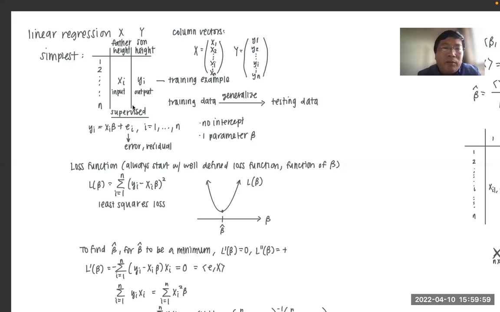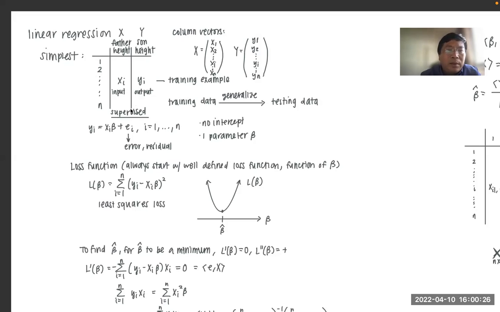For example, later we shall generalize xi from a single scalar to a vector, and then we can still learn how to fit the model, how to get our estimate of this beta, how to learn from such data. Okay, so it is always a good practice to start from the simplest example, so that you know exactly what's going on.